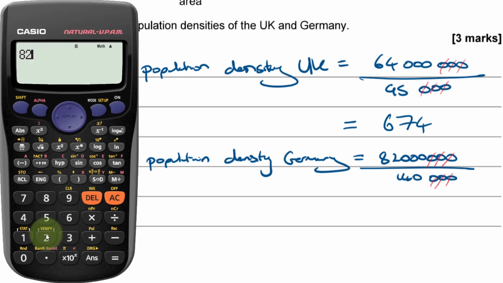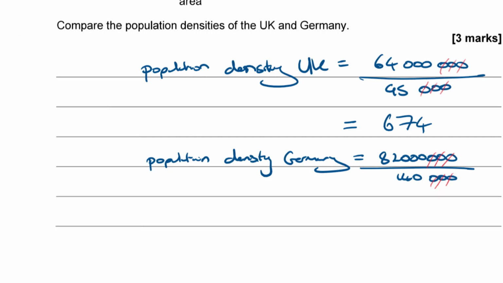So what does that give me? 82,000 divided by 140. Again, I'm just going to round that off to three significant figures. So that's going to be 586. So there's roughly 586 people living in every square kilometre of Germany.